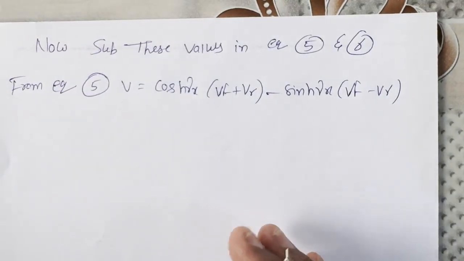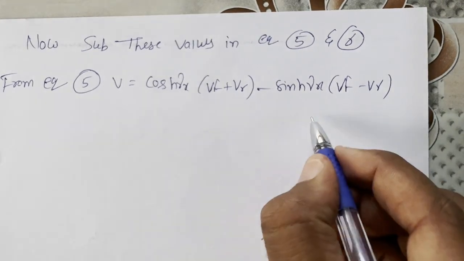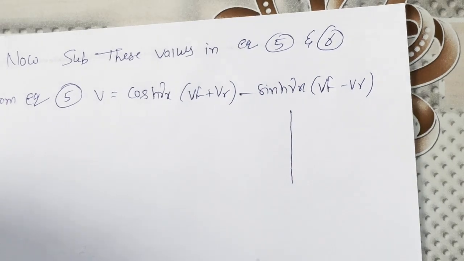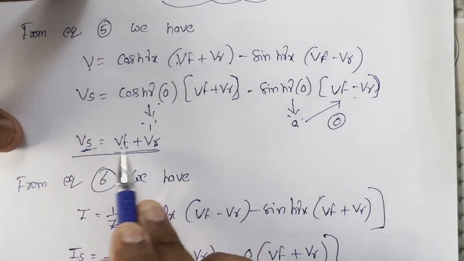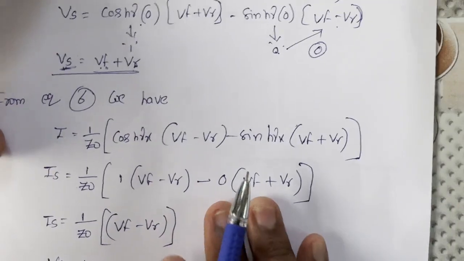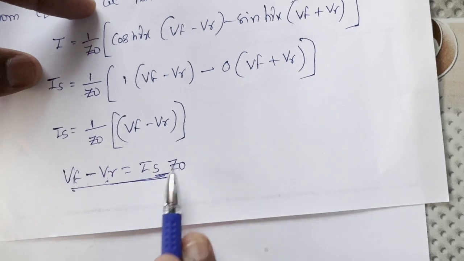In the last point we got Vf plus Vr equal to Vs and Vf minus Vr equal to Is Z0.